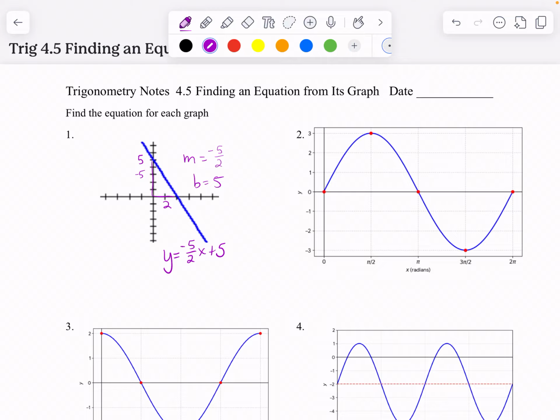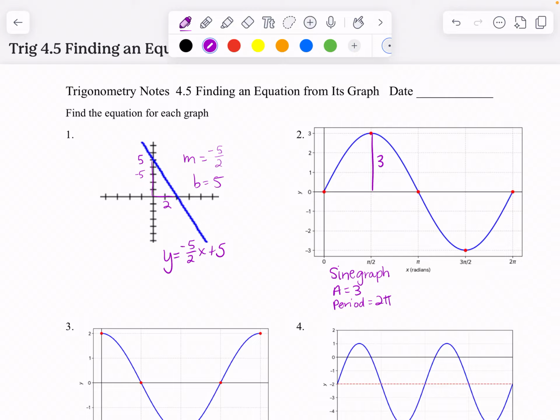Okay, so number 2. First of all, we've got to figure out what we're looking at. It's got one cycle there from 0 to 2 pi. This is a sine graph. There's my amplitude. My amplitude is 3. My period is 2 pi.